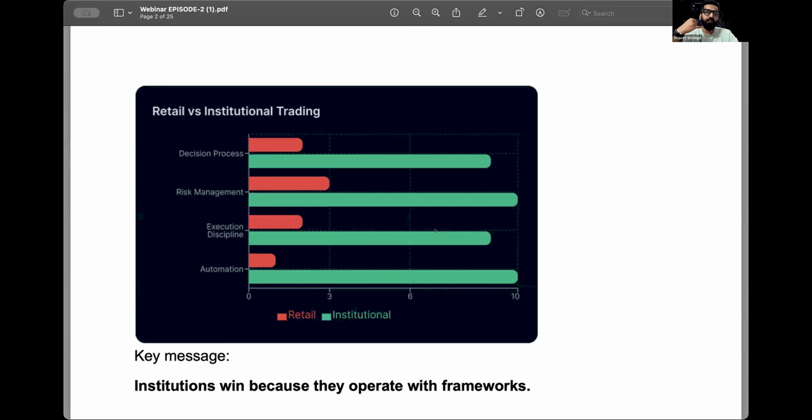Retail traders go with intuitions, with will, and then risk management, let alone understanding the risk appetite, whether to take more than 1% risk per trade or 30 to 50% risk per trade. Later we are going to go deep into data on how risk management differs between retail traders and professional traders.